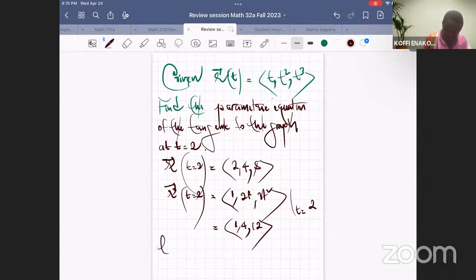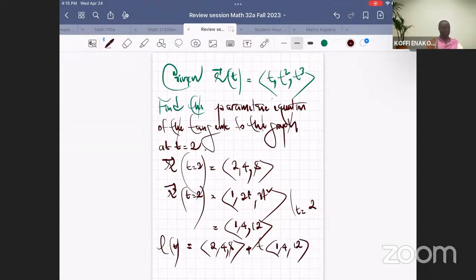So the line L at t, with t being any arbitrary real number. That's the parametric equation of the tangent line.